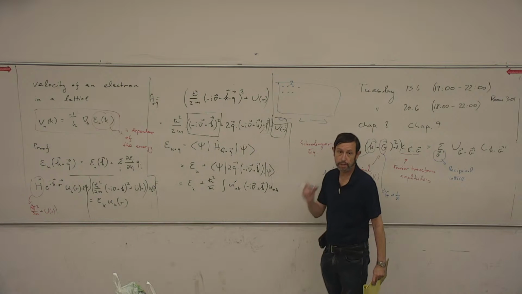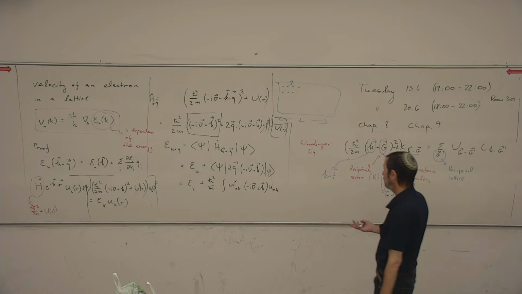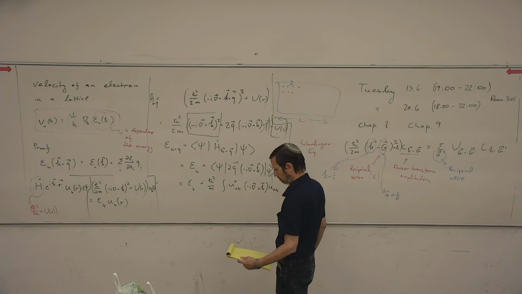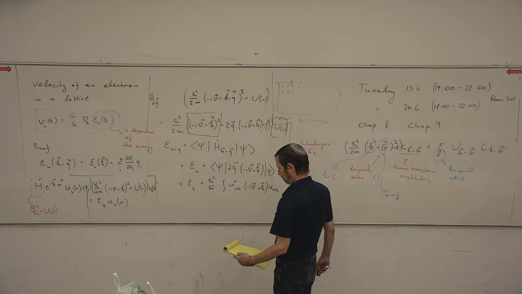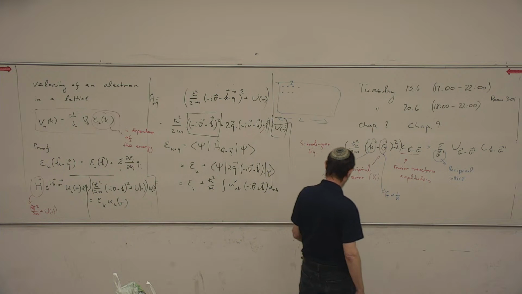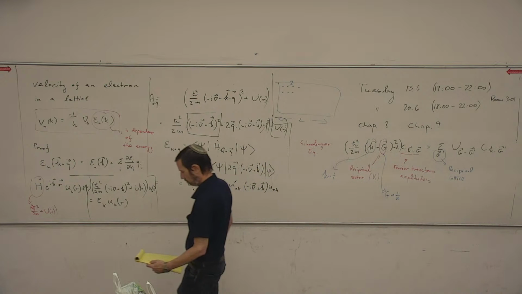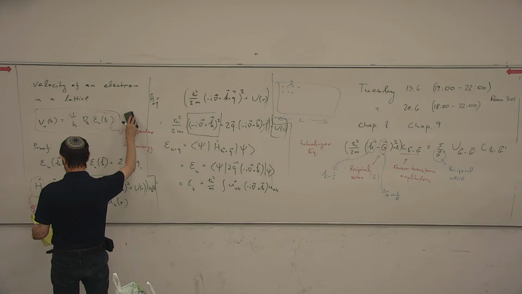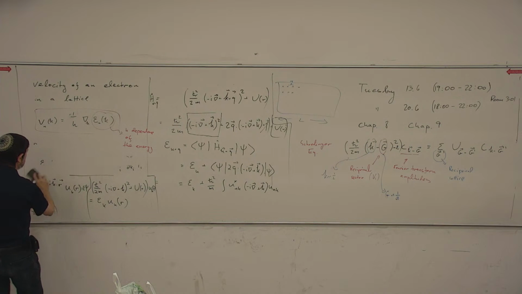So I write down explicitly the matrix element that's written here. I want to keep this.